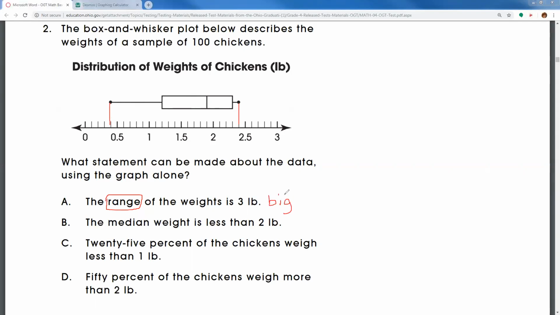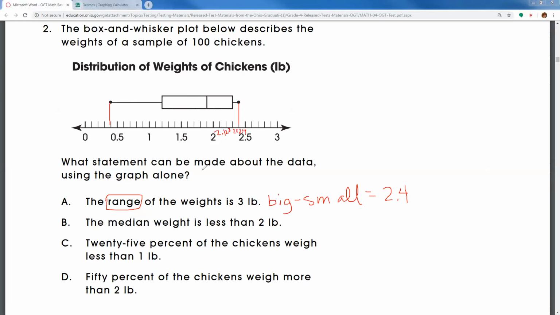So what is the top number, the biggest number on that graph? 2.5. Good. They didn't mark it in between, but each tick mark is going up by 0.1. You have to figure that out yourself from the things they do have labeled.